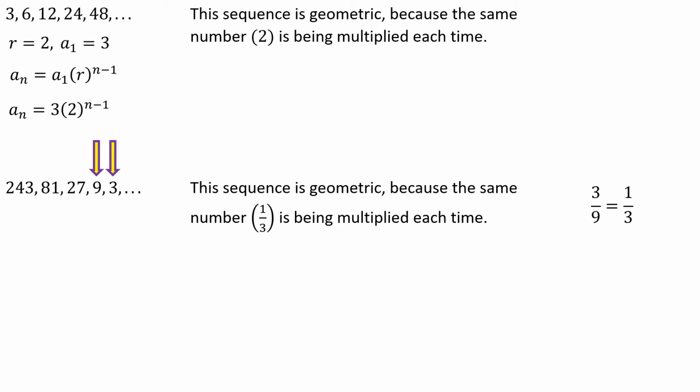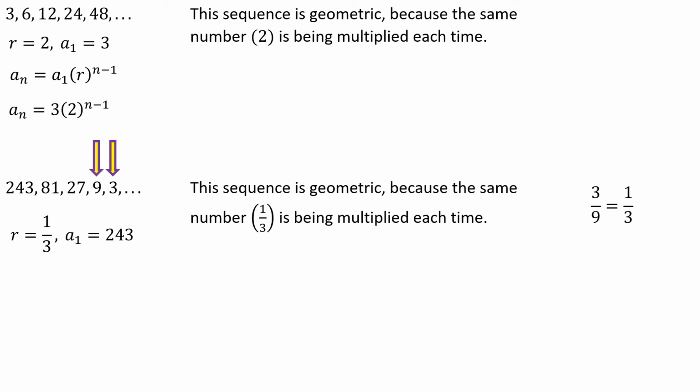I was multiplying by 1/3 every time. 243 times 1/3 is 81. 81 times 1/3 is 27. But again, take a look at easier numbers. Look at the 9 and the 3. Say, aha, that 9 shrunk down to a 3. So I got 3 over 9, that reduces to 1/3. So the ratio is 1/3.